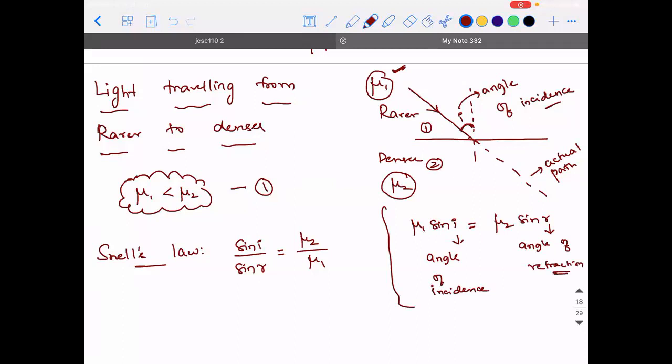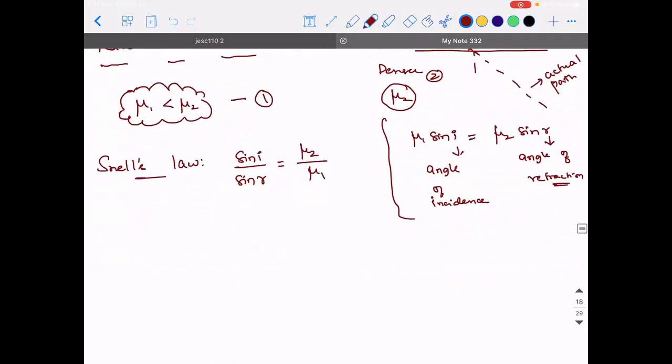Did you guys understand what I told? Okay. Yes, sir. If you rearrange this equation, you will get sin I by sin R is equal to mu2 divided by mu1.